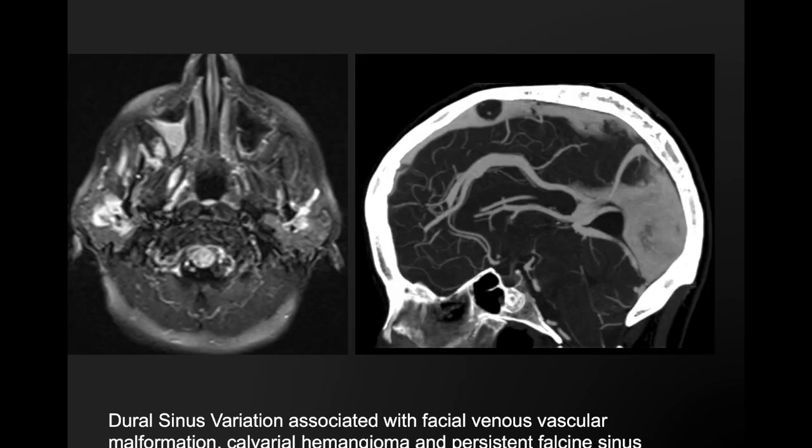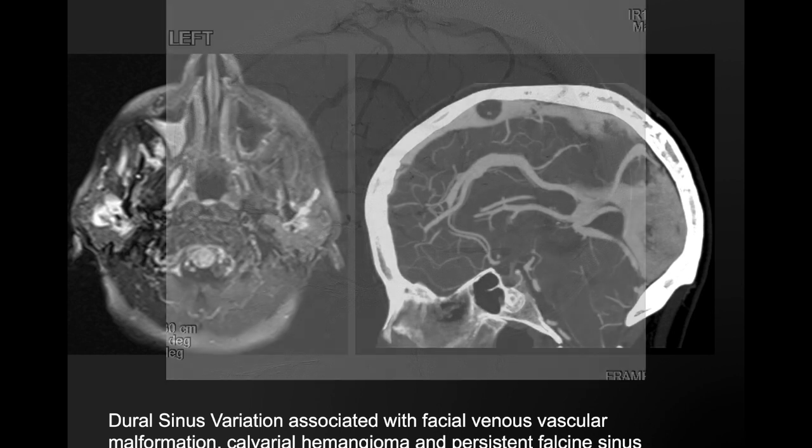Here's another patient. This patient had incidental venous malformations bilaterally in the parotid spaces, but then they also have this persistent falcine sinus and this markedly enlarged torcula. And these are completely incidental, but nonetheless, they're fairly interesting, I think.